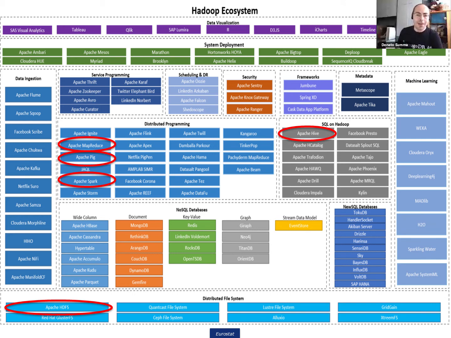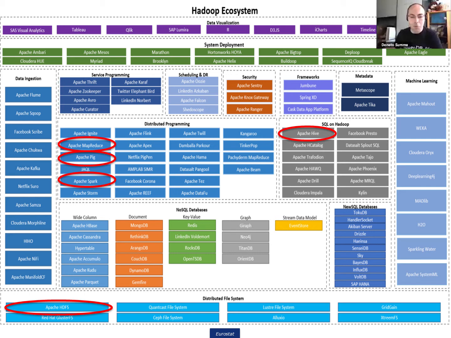And in this slide, you can see the whole Hadoop ecosystem. I just put circles around the modules that we will see in this presentation, but you have to understand that the Hadoop ecosystem is very wide and very complex. So one single lesson is not enough to explain everything.